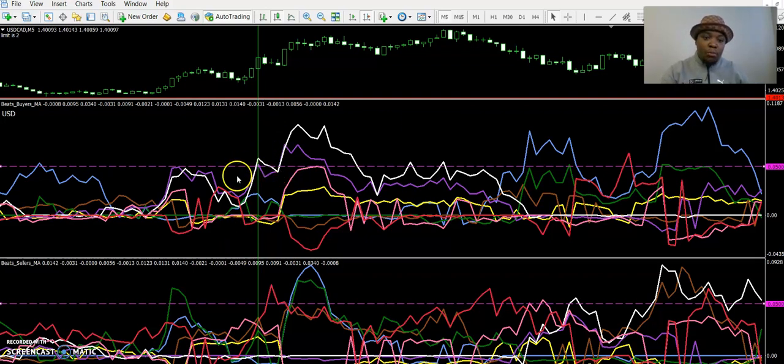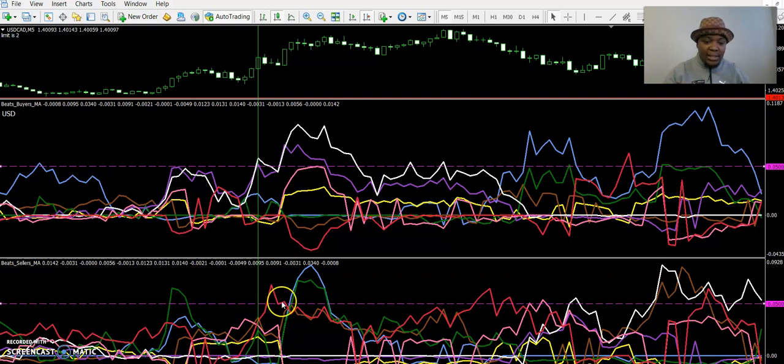Right, so we've got the dollar, the white line, going up. As you can see, this is the dollar, the white line is going up. At the same time, if I put my cursor here, you can clearly see it's written GBP. So dollar buyers are going up, right? But at the very same time, now that we know the dollar buyers are going up, we want to know what the dollar sellers are doing.